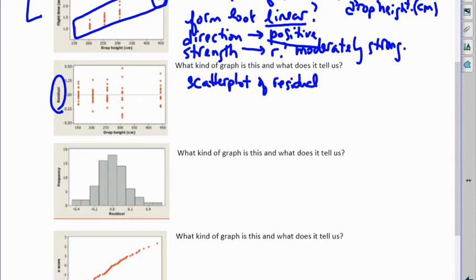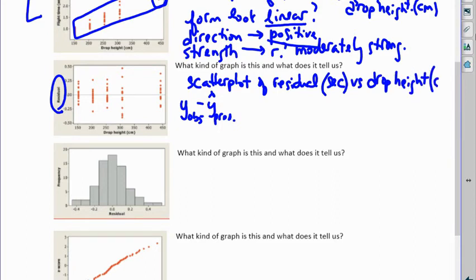The residual would have the same units as y, because residual is how far off your observed y is from your predicted y, because you remember you would go y observed minus y predicted, okay, to get the residual. So the residual is going to be in seconds versus drop height, and that was in centimeters.